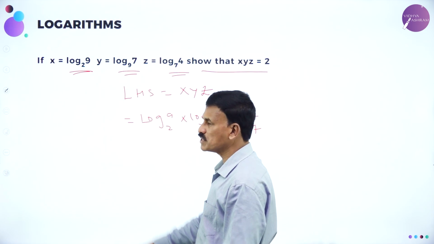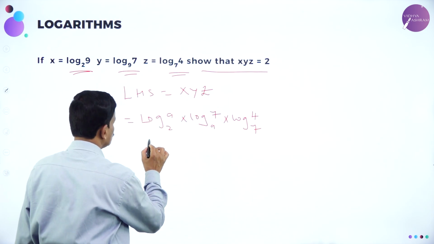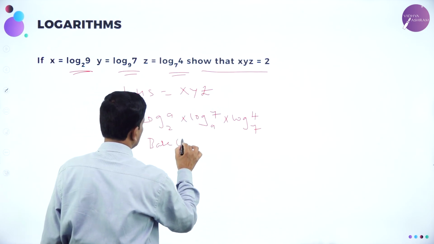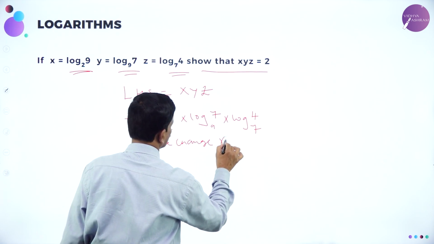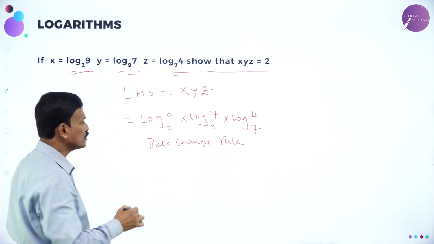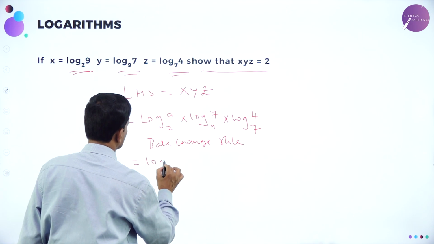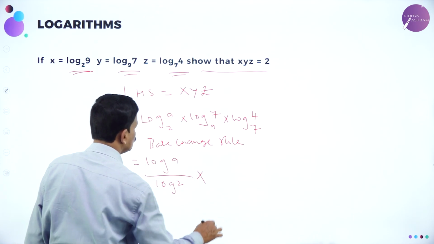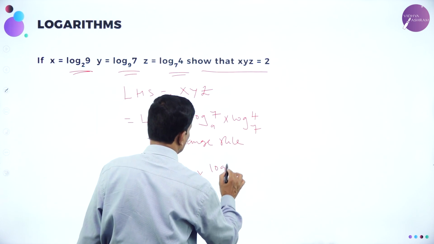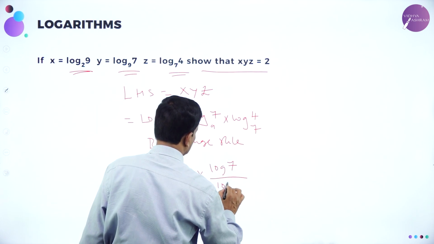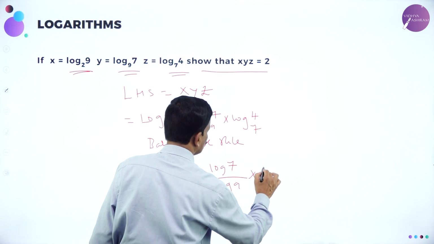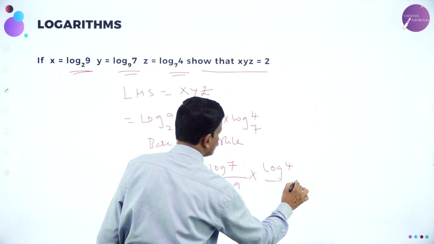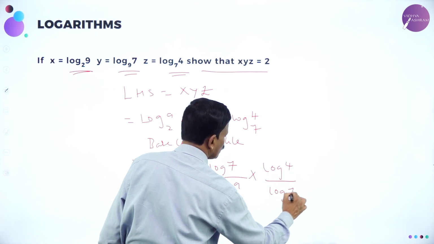Now using the base change rule, apply base change rule for this. This can be written as logarithm of 9 divided by log 2 into logarithm of 7 divided by log 9 into logarithm of 4 divided by logarithm of 7.